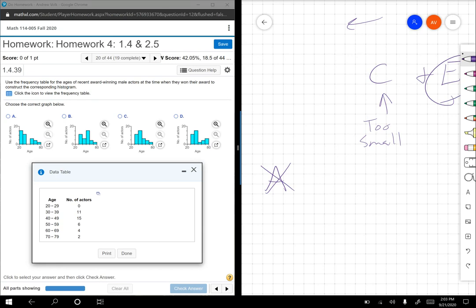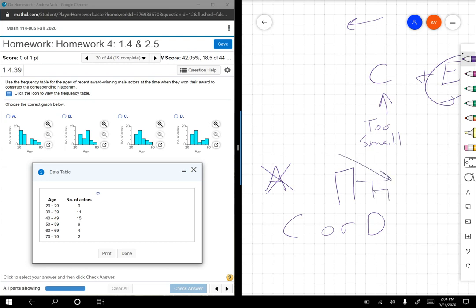So when I look at 40 to 49, which one has the biggest section right there, not quite the middle, but over a little bit? I would say C or D look promising. C or D. But when I look at 50, 60, and 70, we should see it going 6, 4, 2.